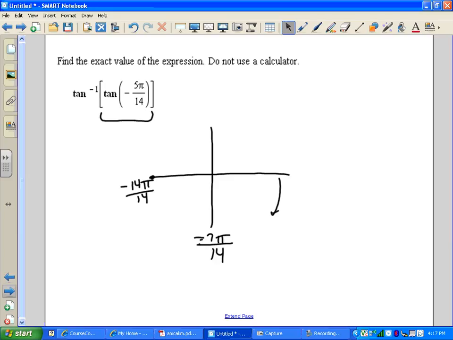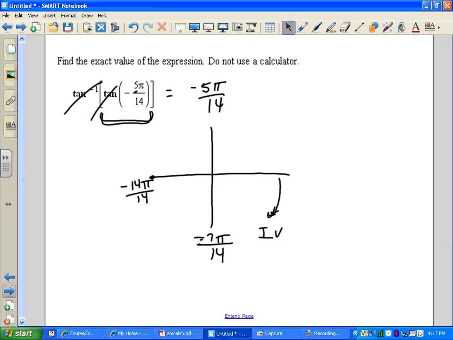Well, from negative 7 to negative 14, it would be in the third, which doesn't work. But from negative 1 to negative 7, where negative 5 would lie, it would definitely lie in the fourth quadrant. Okay, so now if that's in the fourth quadrant, then it's perfectly okay that I can do that. And so my answer is going to be negative 5 pi over 14. So there again, we can do that, but we've got to check.